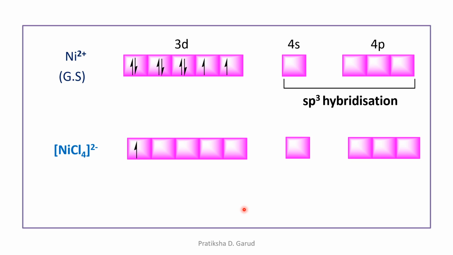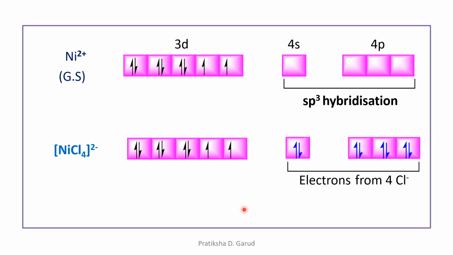There are 8 electrons in the 3d shell: the first 5 are unpaired, and 6, 7 and 8 are paired. Then the 4s and 4p orbitals have the first, second, third and fourth pairs of electrons. These are the 4 pairs of electrons from the 4 Cl- ions, which form the complex ion NiCl4 2-.